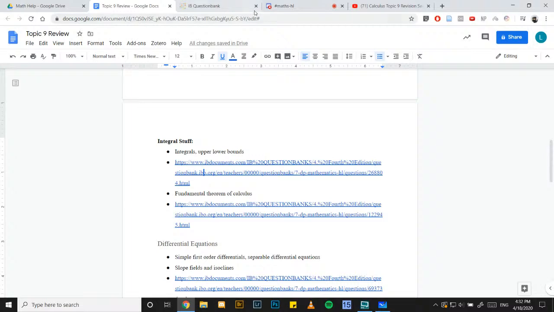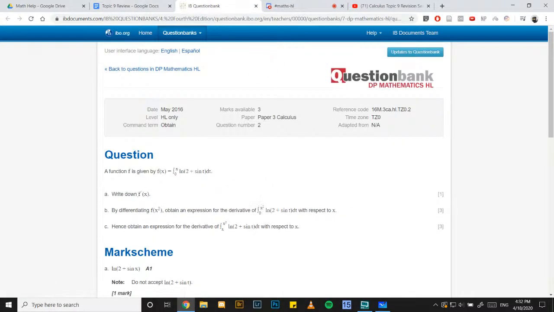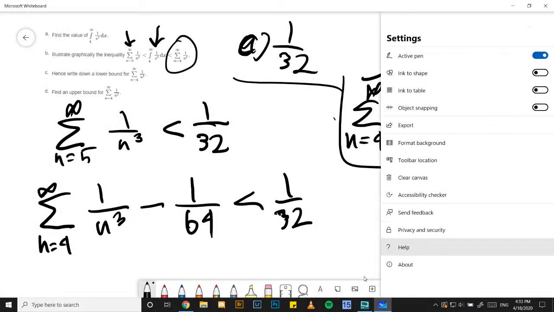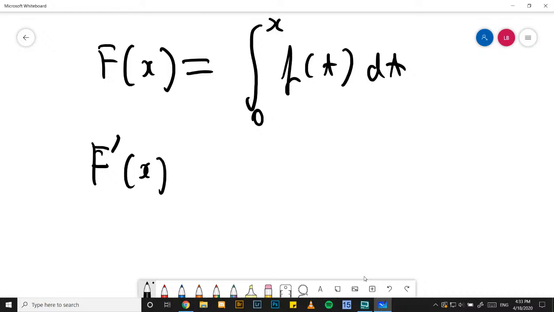Okay. Next question. Yeah, fundamental theorem of calculus. Again, the fundamental theorem of calculus basically says this, and it's a very simple little function over here. If you have some function capital F of x, which is equal to the integral of f of t dt from 0 to x, then F prime of x, which means the derivative of capital F of x, is equal to f of x.